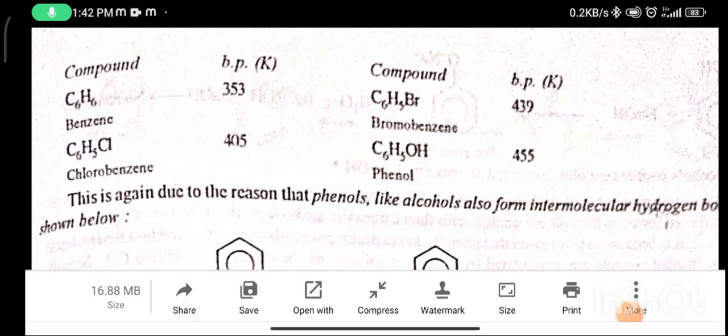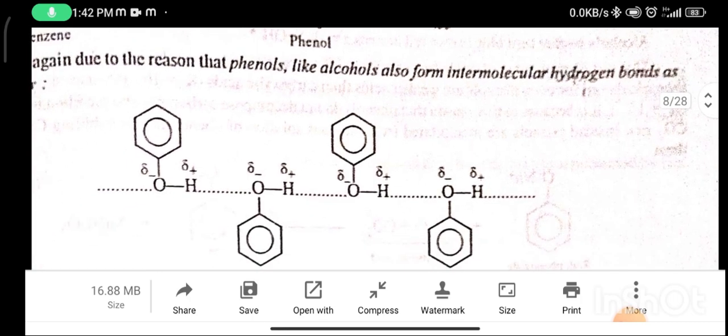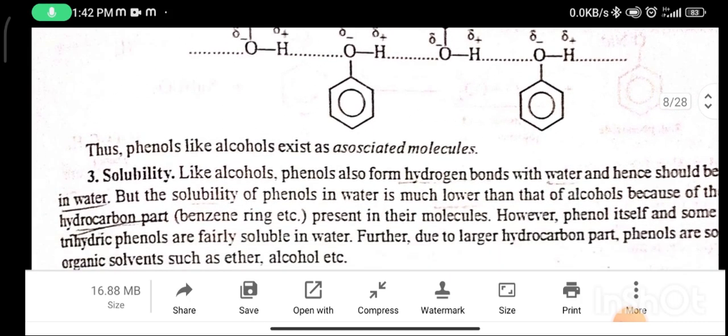Benzene has a boiling point of 353 Kelvin, bromobenzene 429, chlorobenzene 405, and phenol 455. This is again because phenols, like alcohols, form intermolecular hydrogen bonds, as shown below. Thus, phenols, like alcohols, exist as associated molecules.